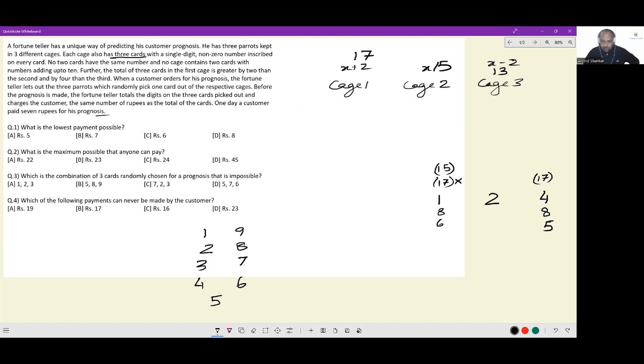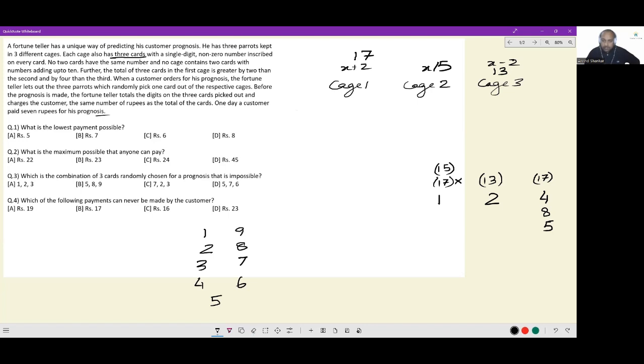But the problem with this is, look at the grouping that adds up to 13. Oh, 8 and 6 also I can't make. My mistake. I can't make 8 and 6 because 8 is already used up.